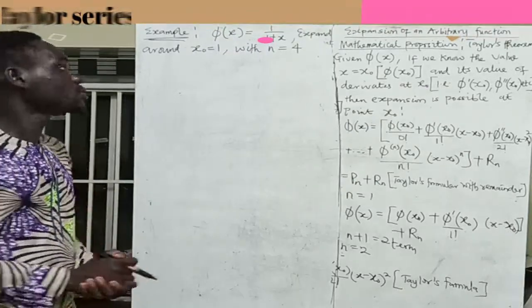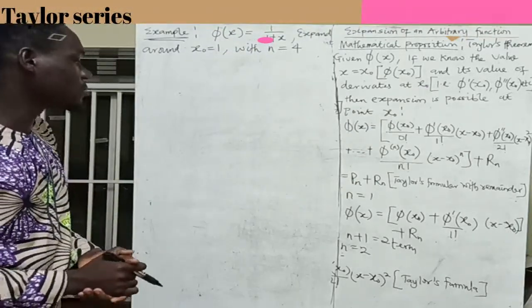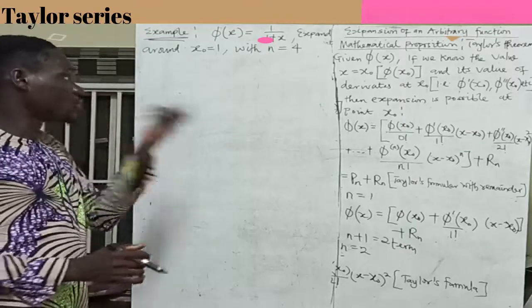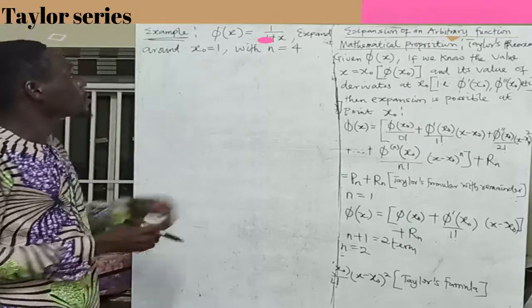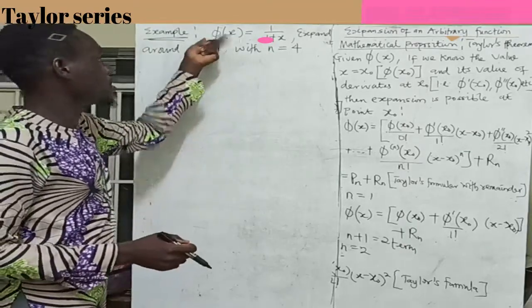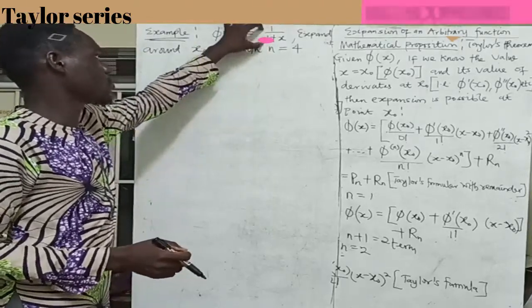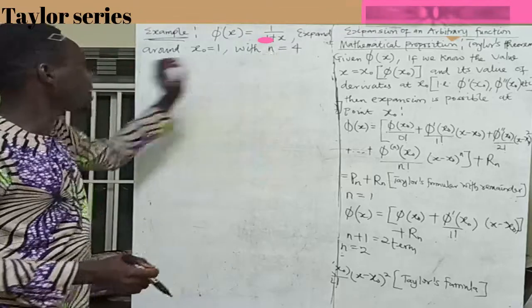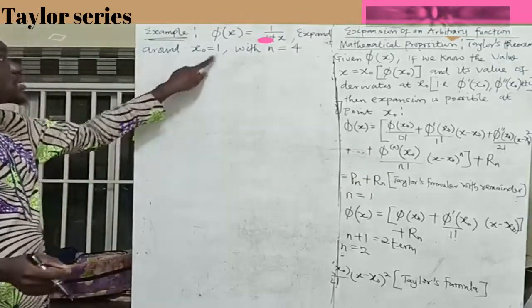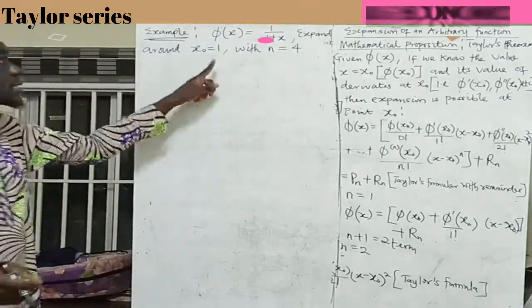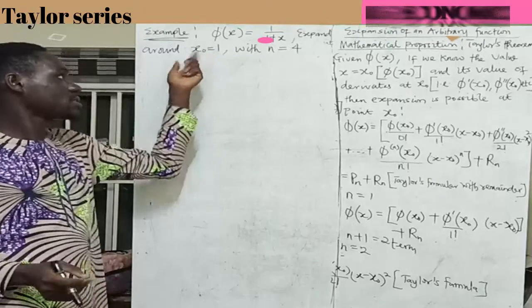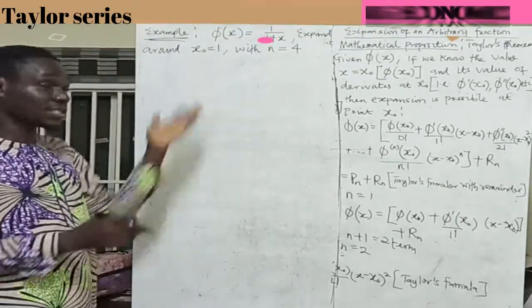All right. So let's take a look at this example on Taylor series. Now, the question says phi of s is this. So this is the function. Now we have to expand around this. Now this is the chosen value. In this case, you notice here that the s naught is 1, not 0.